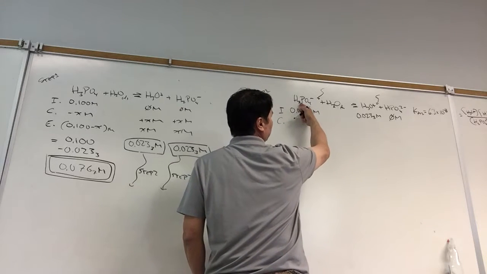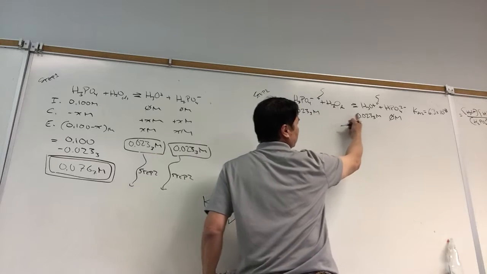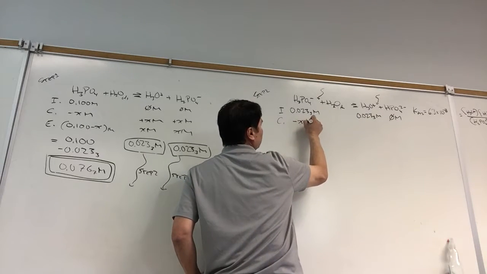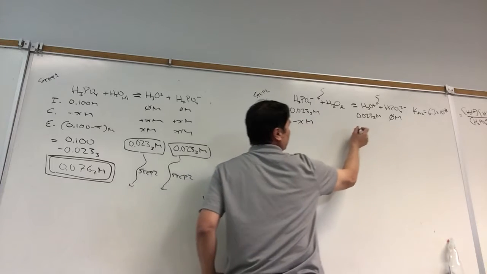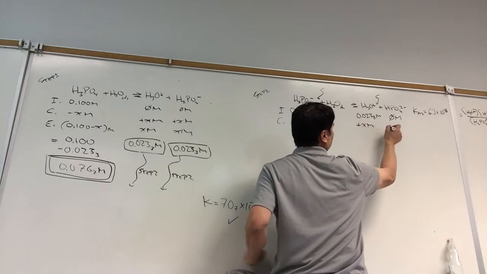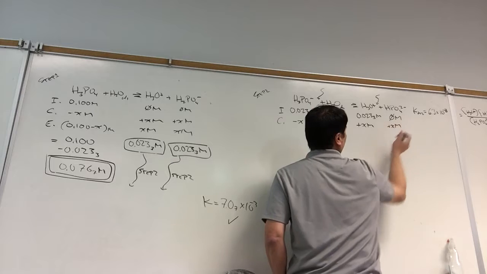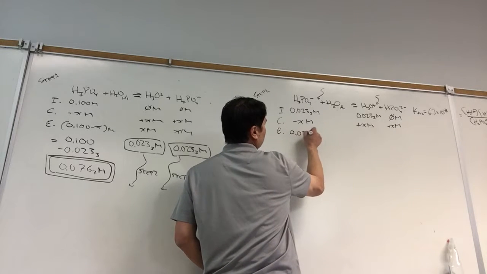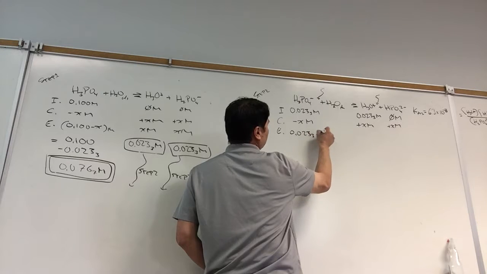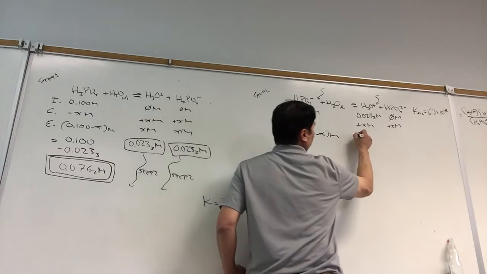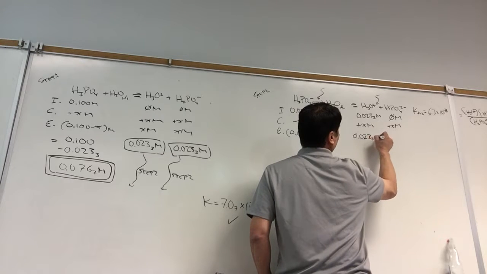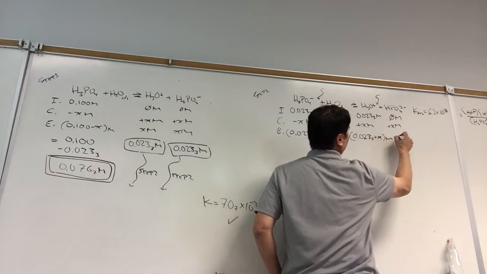The dihydrogen phosphate collides with water to generate some hydronium and monohydrogen phosphate. So we lose some dihydrogen phosphate as minus X. We gain some hydronium as plus X and gain some monohydrogen phosphate as plus X. At equilibrium, I'm going to have 0.0233 minus X, then 0.0233 plus X molar, and then X molar.